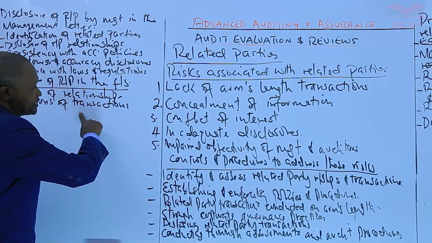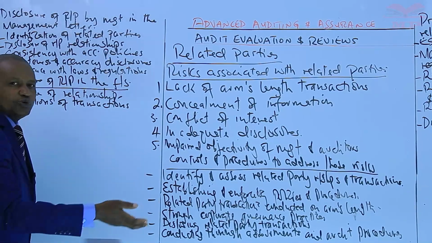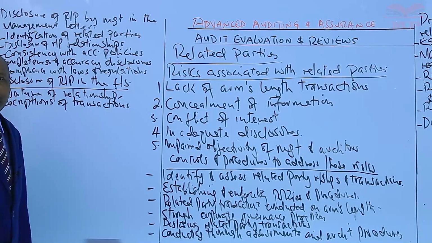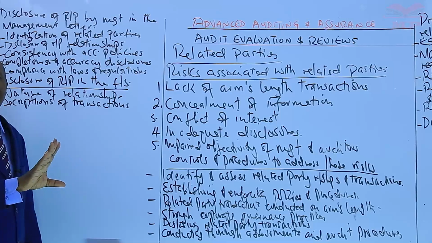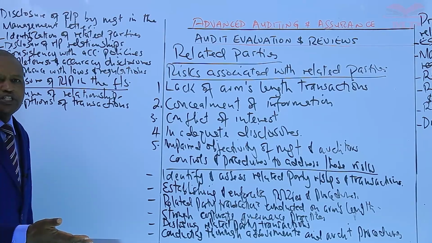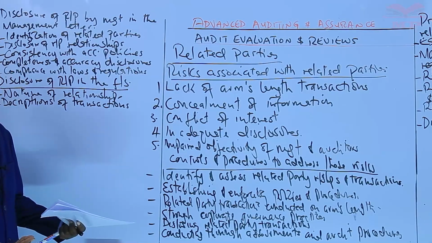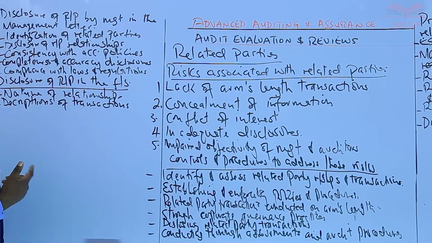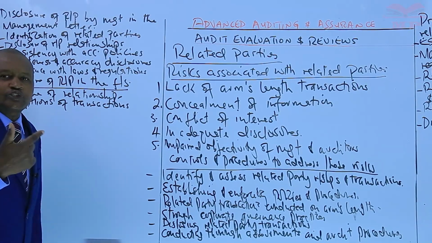All right? Transactions. If it is a sale of goods, what are the terms? If it's services that are provided, what are the terms? What is the amount? What goods were exchanged? Are there any outstanding balances between the related party and the entity? So that has to be described in the financial statements.